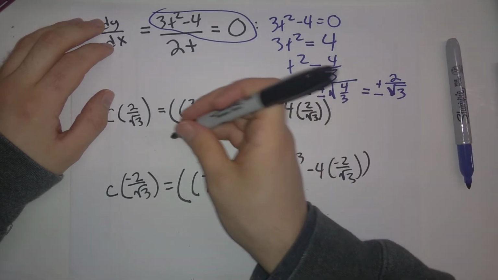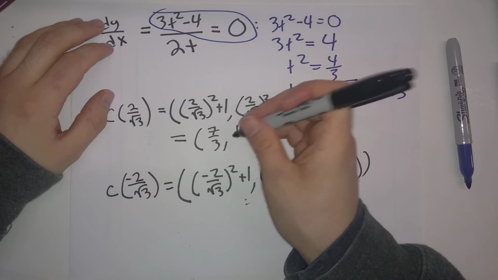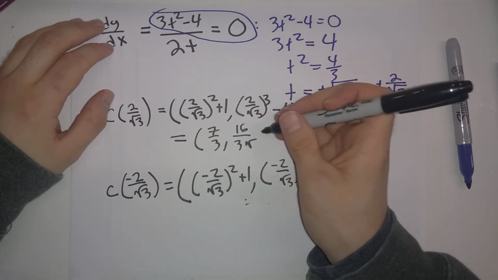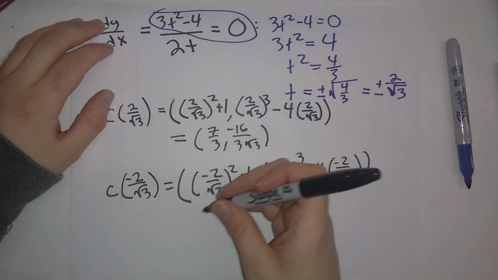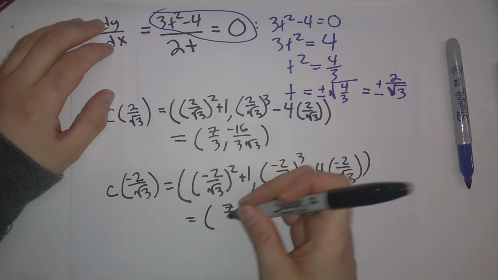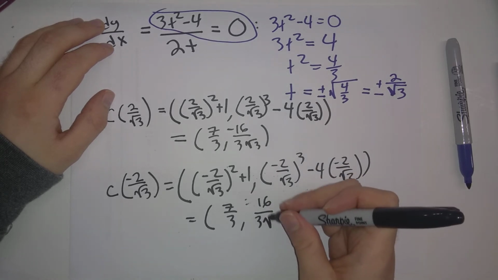And when you crunch this out, 7/3 and minus 16 over 3 square root 3. Sorry, the first should be a minus 16 over 3 square root 3. And this one would be 7/3 and plus 16 over 3 square root 3.